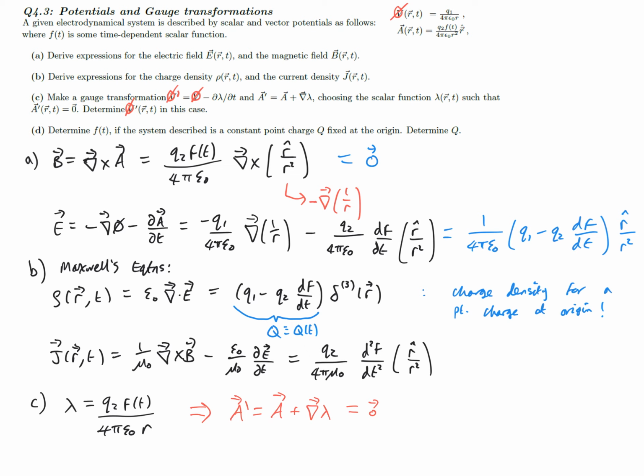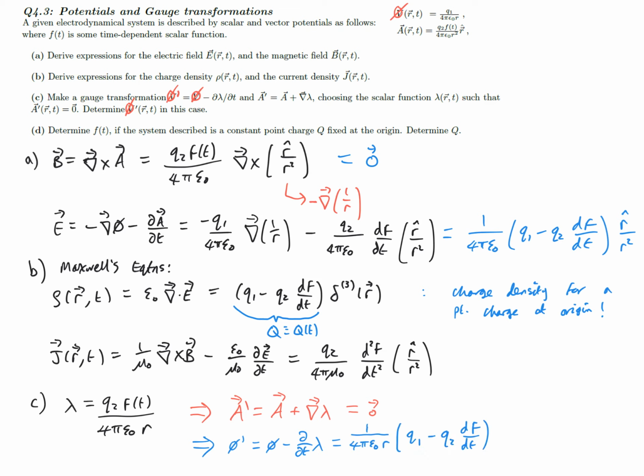So with that particular lambda in mind, this actually implies a particular scalar potential phi. So what does that imply? So phi primed is phi minus d by dt of lambda, and lambda does have a time dependence, as we can see from here, and the original phi is given in the question. So plugging that in, we get the following.